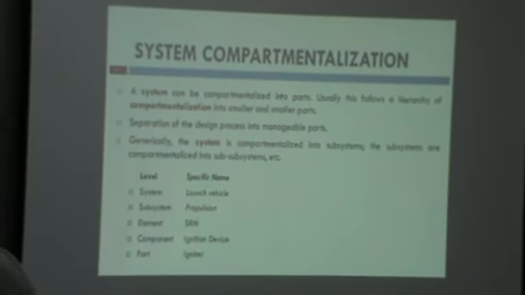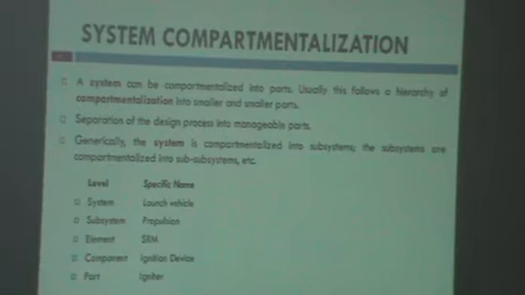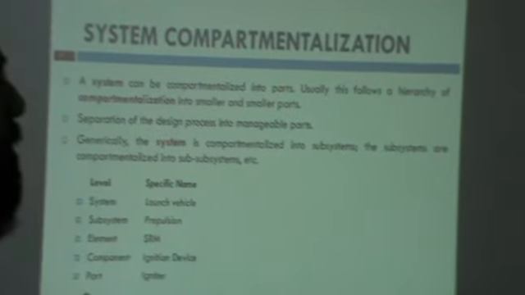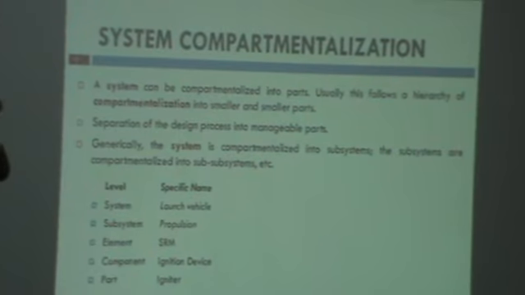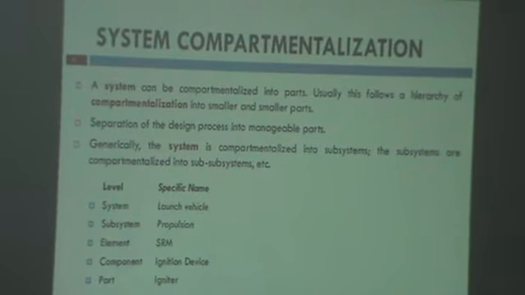Okay, so what we are trying to start from is something known as system compartmentalization. Once you are talking about a system, you want to compartmentalize it, or you want to distribute it into various subsystems, or in other words you want to disintegrate the system into various subsystems. तो जब तक आप उसको disintegration ठीक नहीं कर रहे होगे, you are not going to get an MDO or an optimization model of the complete system. ज़रूरी क्या हो गया?